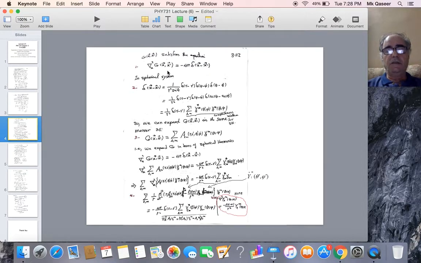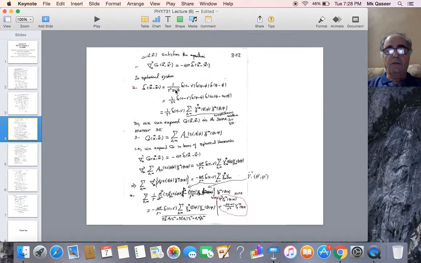Now G satisfies this differential equation. Now let's expand this in terms of the spherical harmonics by first writing the Dirac delta function in terms of the spherical harmonics. Let's write it as 1 over r squared sine theta, this is the Jacobian, times delta of r minus r prime times delta of phi minus phi prime times delta of theta minus theta prime.